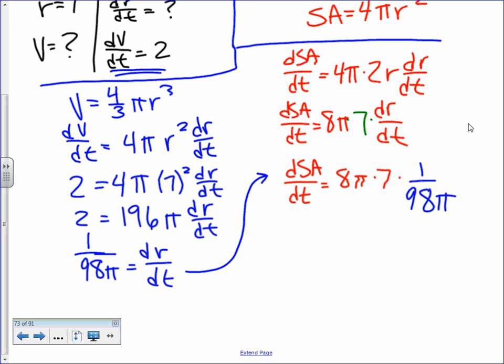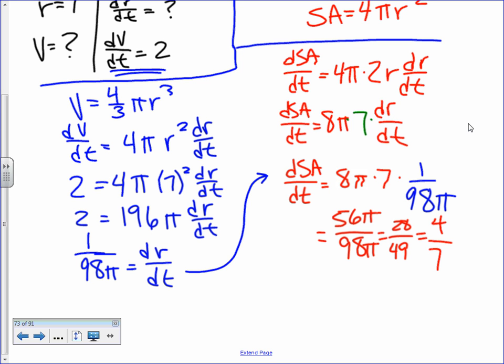Okay, so dSA dt equals 8 times 7 times pi is 56 pi over 98 pi. 56 over 98, let's simplify, becomes 28 over 49. Can we simplify that? 7 goes into both of them, equals 4 over 7.